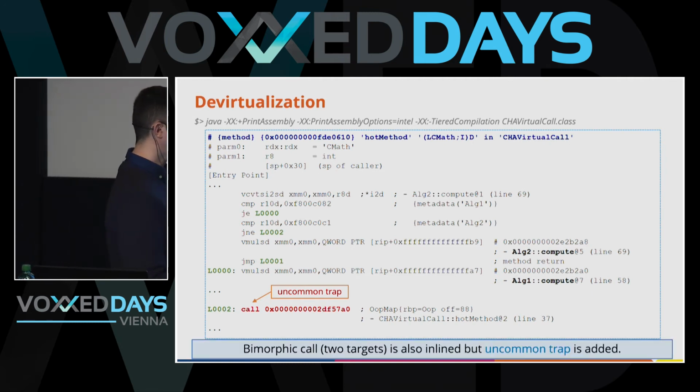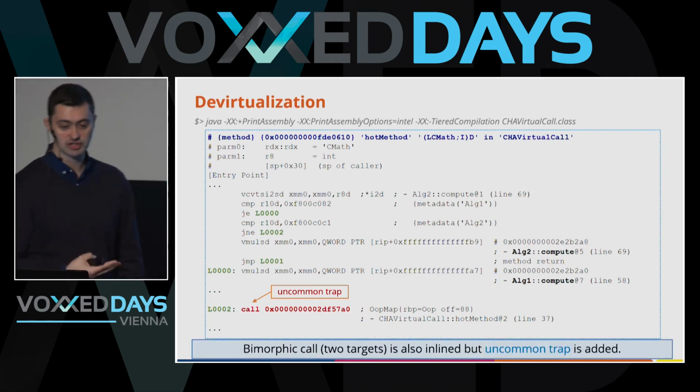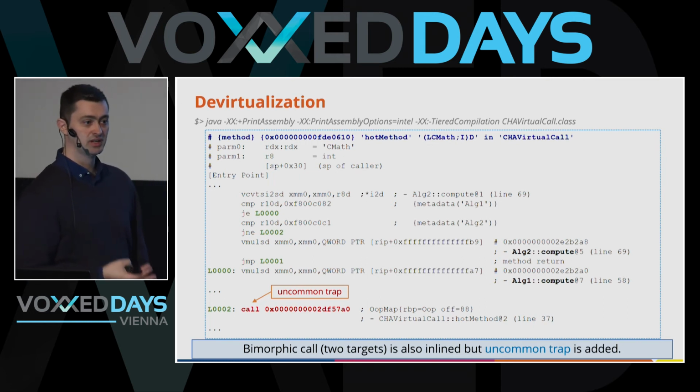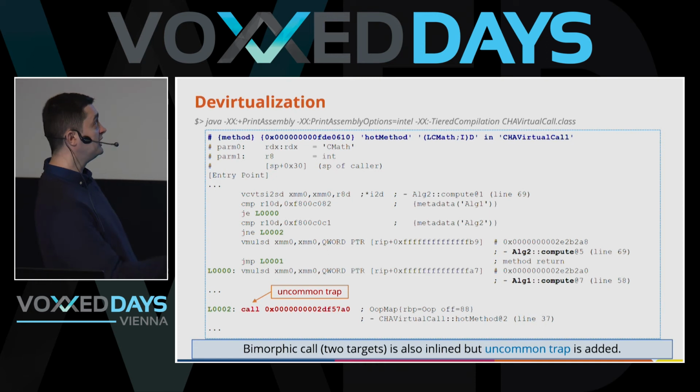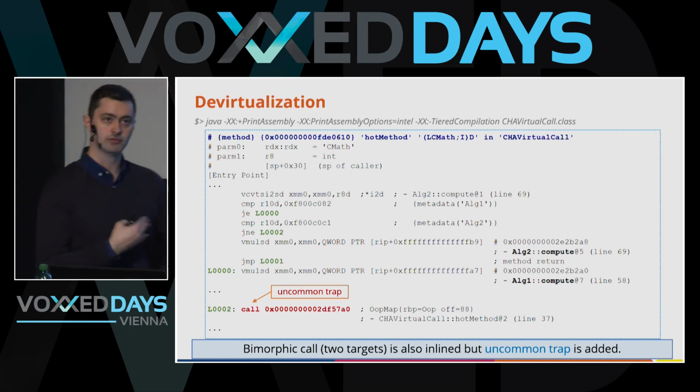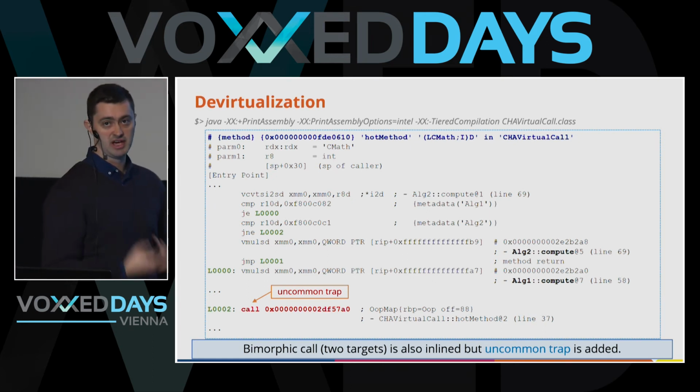So in this case of bimorphic calls, two target calls during the runtime, inlining occurred, so the just-in-time compiler did the inlining and also added an uncommon trap for a possible third or fourth extension of my parent class.